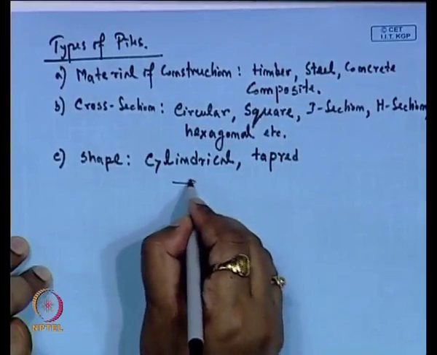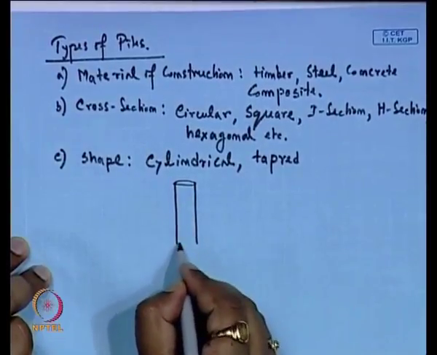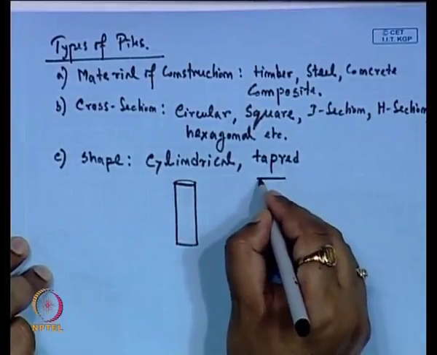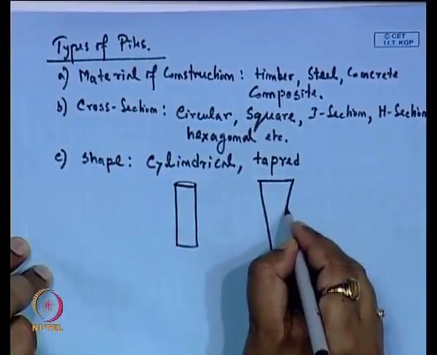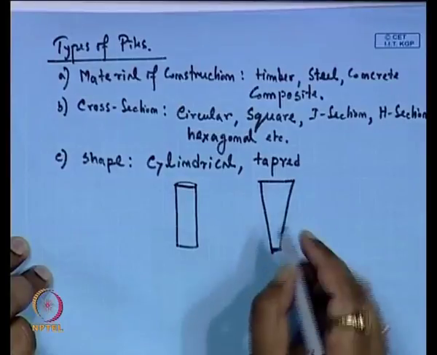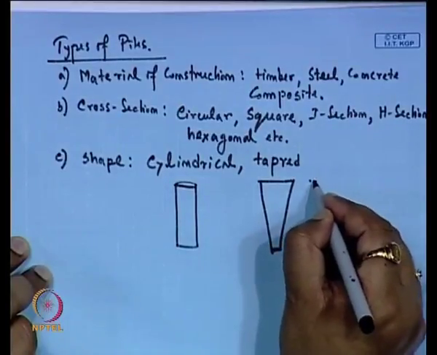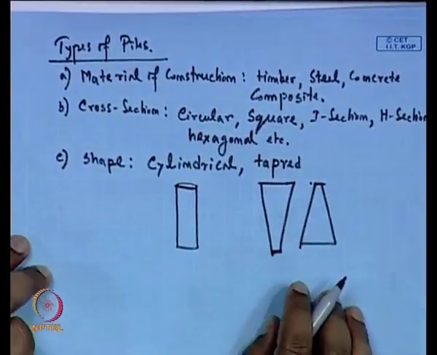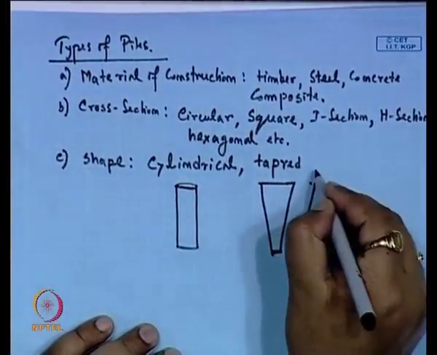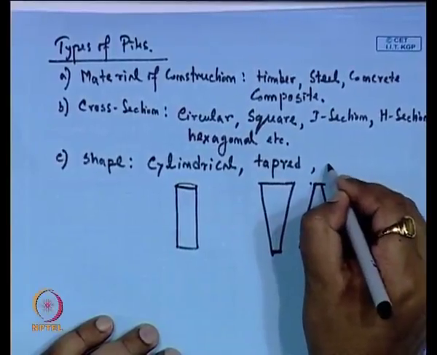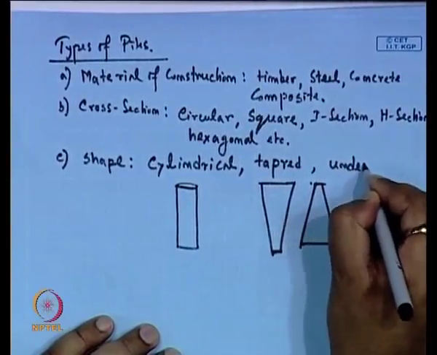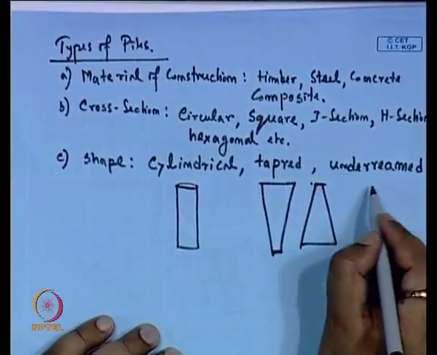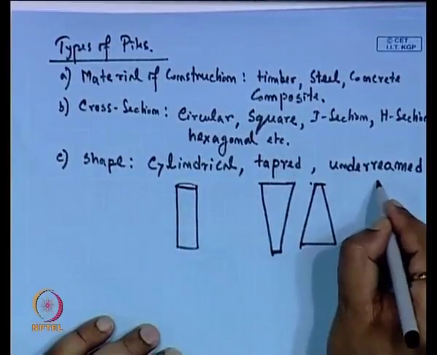So, cylindrical means the diameter of the pile is constant throughout, and tapered piles are where the diameter is not constant, or it can be either type also, depending upon the type of soil. Then this is the under rim piles.